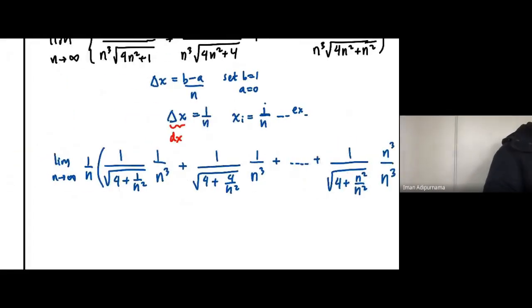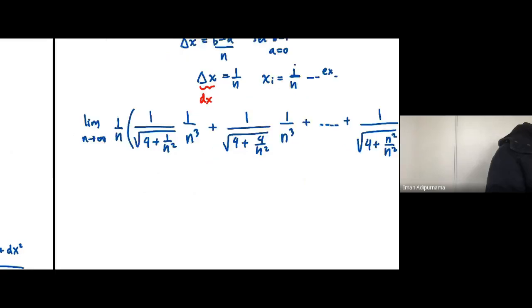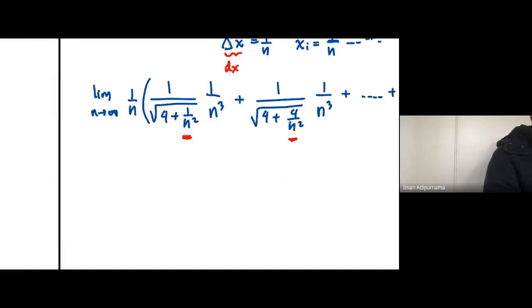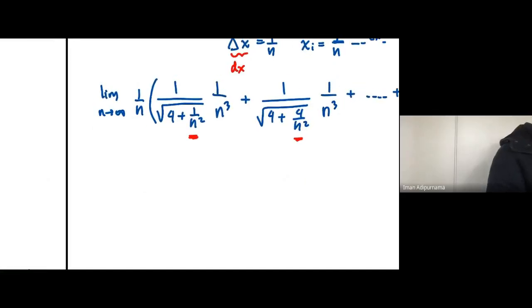So from this pattern, we get this 1 over n, 4 over n, right? So if we are looking at x is our 1 over n, okay?